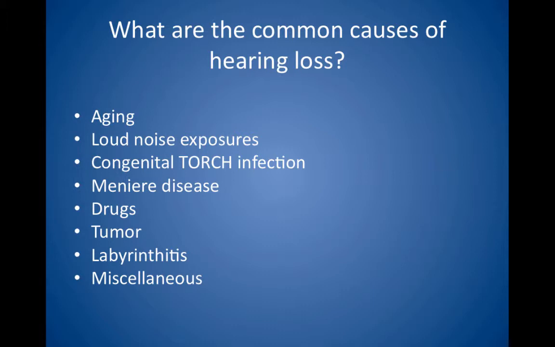Other causes of hearing loss: drugs such as aminoglycosides, aspirin, quinine, loop diuretics, and cisplatin. Tumors, classically an acoustic neuroma. Labyrinthitis, which may be viral or follow or extend from meningitis or otitis media. And then miscellaneous causes such as diabetes, hypothyroidism, multiple sclerosis, sarcoidosis, and pseudotumor cerebri.